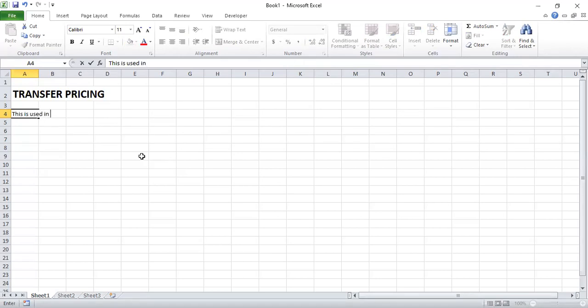Right. So this is used in determining the best price at which products can be sold between companies under the same ownership.